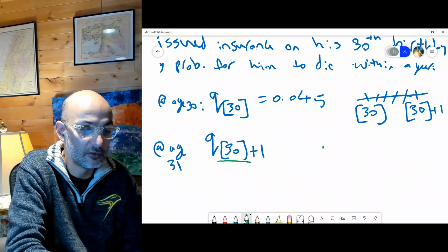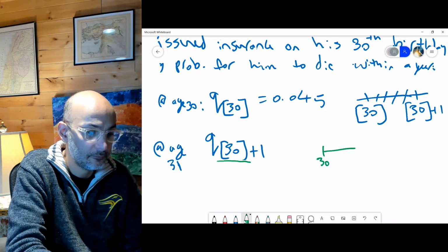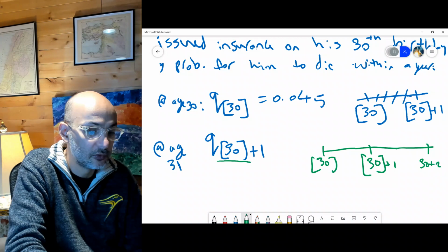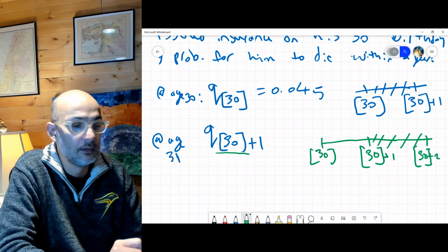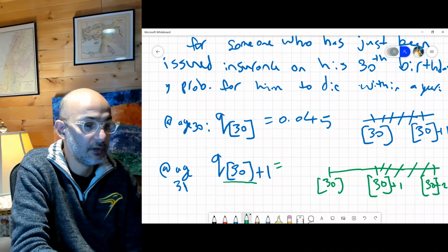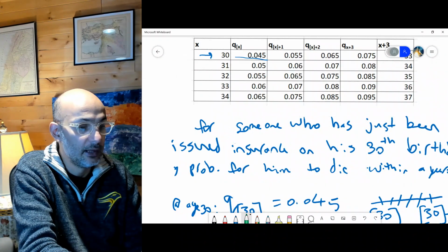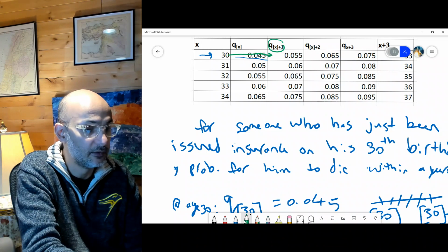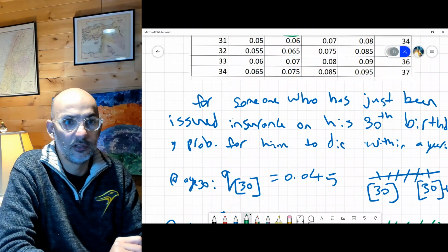So now this is 30 plus 1, 30 plus 2. If you look at this probability, you go back to the table. Now this is 30, we are here, and this one, do you see it? 0.555.